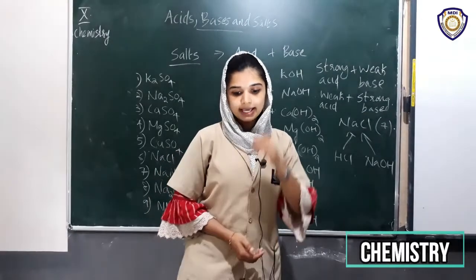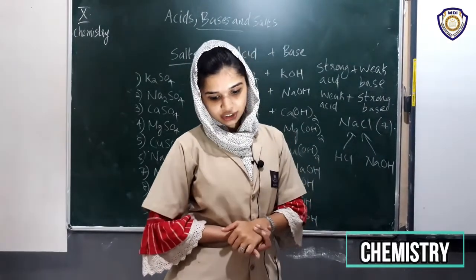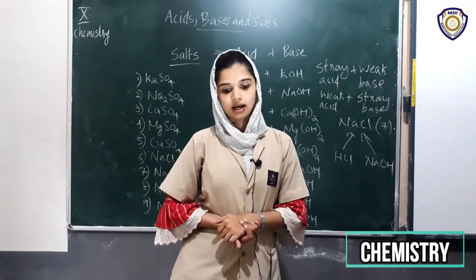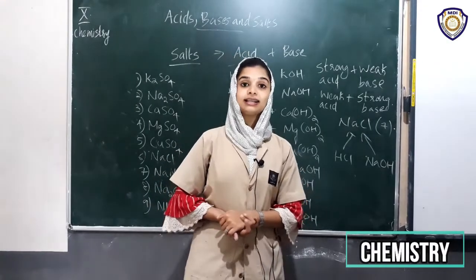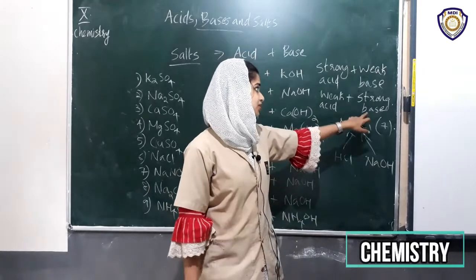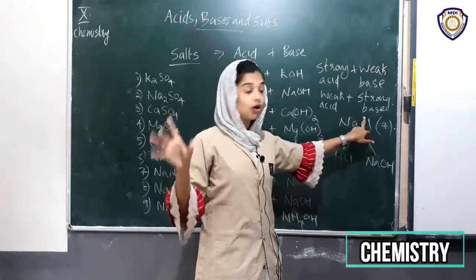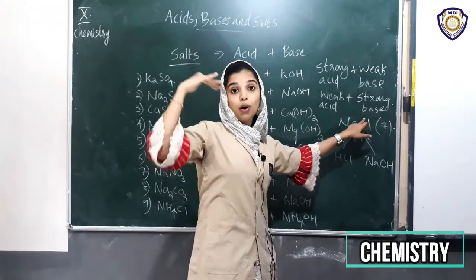A salt from a weak acid and a strong base is basic in nature, with a pH value more than 7. When a weak acid and strong base join together, the pH value of the salt will be above 7.